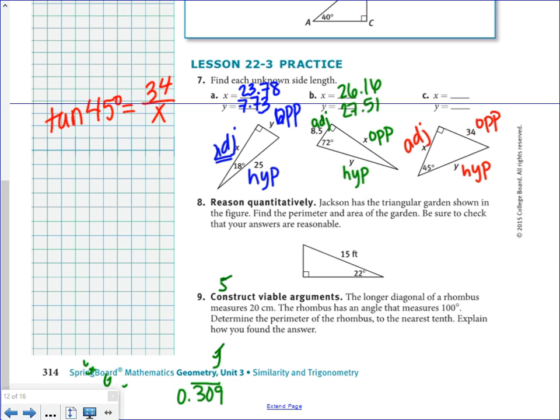So the tangent of 45 is 1. So if I multiply by x, 1 times x is 34. Then I want to find my y. So that's my hypotenuse. I have my opposite and I'm looking for the hypotenuse. Opposite and hypotenuse is the sine.